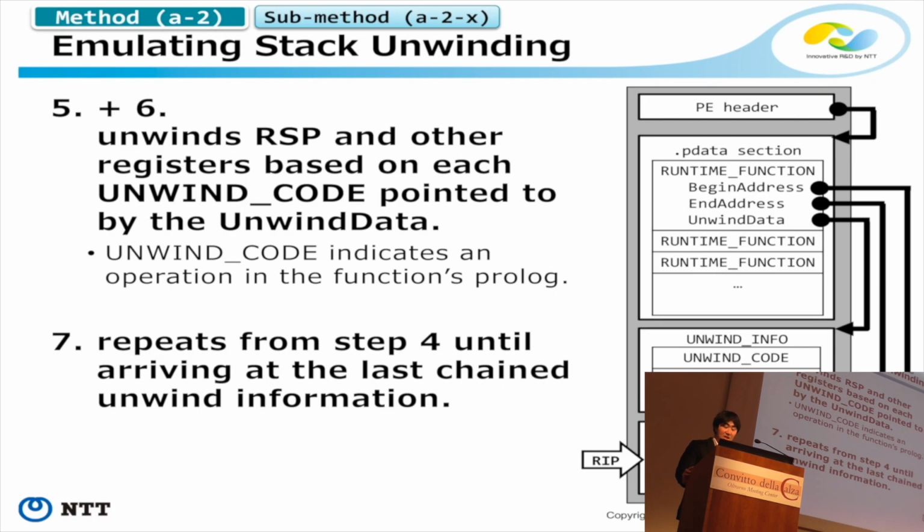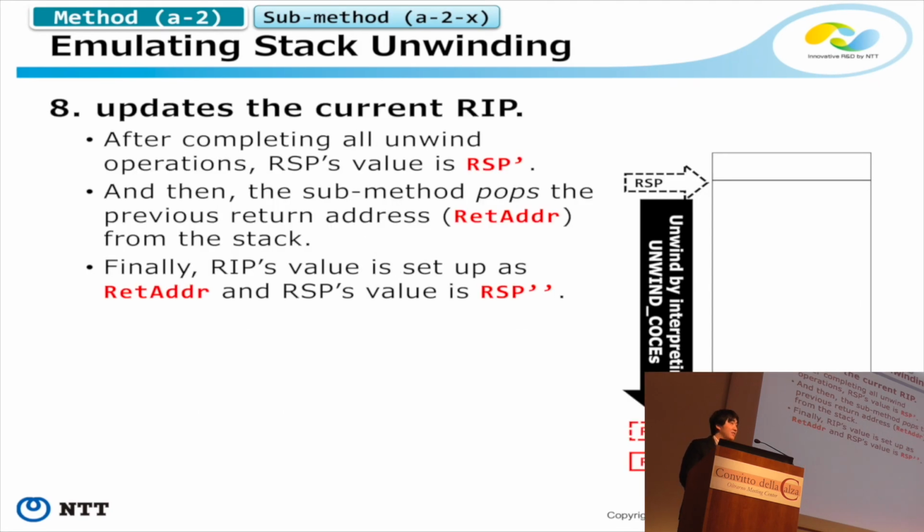And sometimes this unwind information, just like a runtime function and the info and unwind codes, refers to another one. If so, our method repeats from step 4 until arriving at the last one. Lastly, our method updates the current RIP.